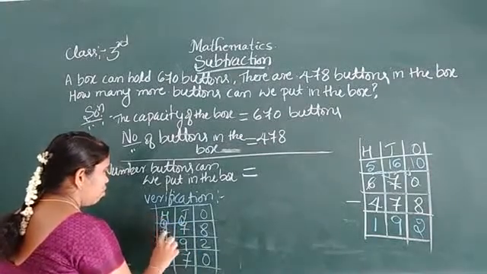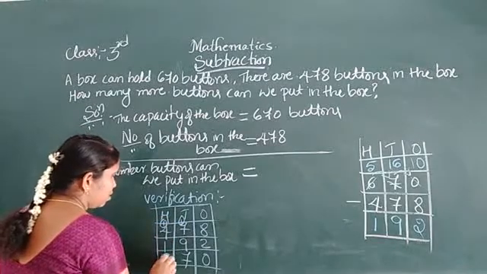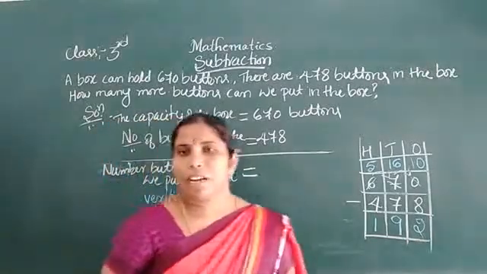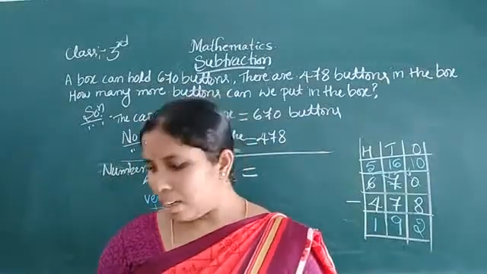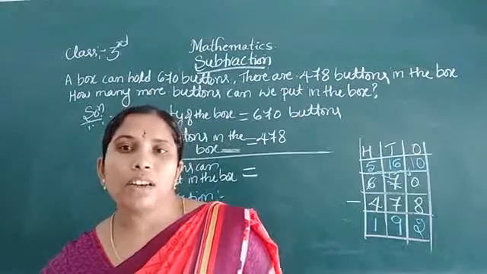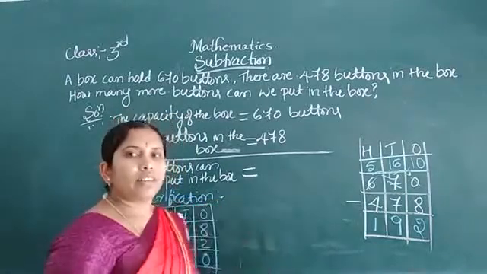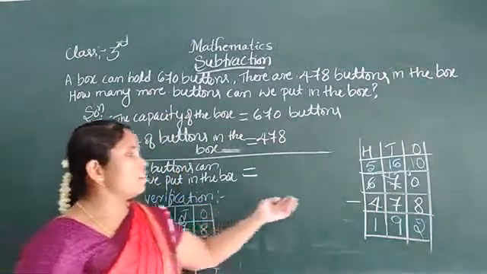Then 4 plus 1 plus 5, 6. So totally 670. So the verification is correct.